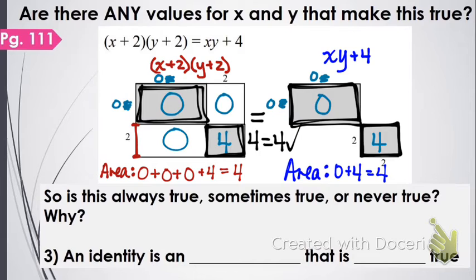Did this work with the first 2 numbers we tried? When we put 5 in for x and 4 in for y, did they come out to have the same area? No. Did we find any values for x and y that make them come out to have the same area? What values for x, what values for y? 0 and 0. We would say that this is a sometimes true equation.